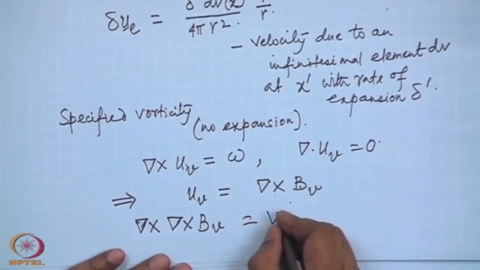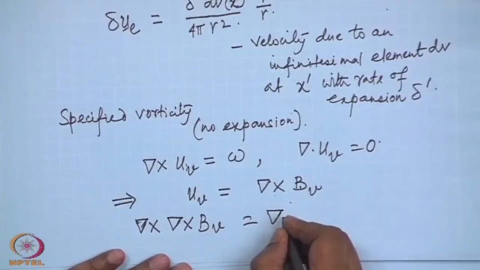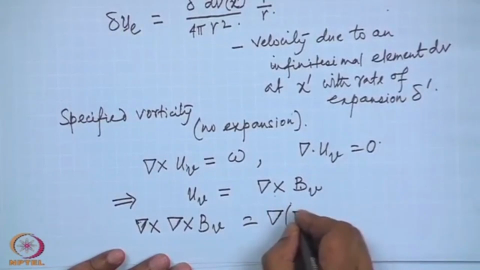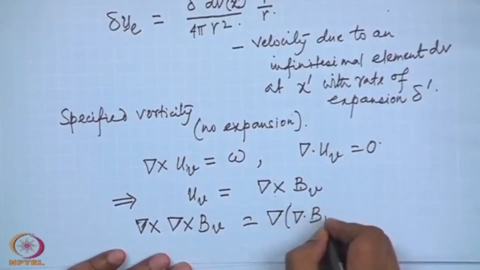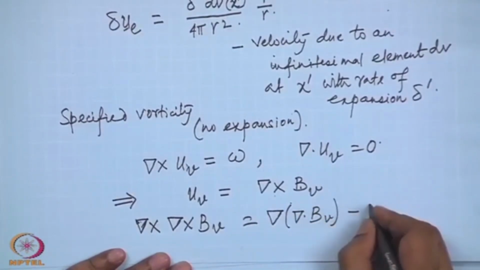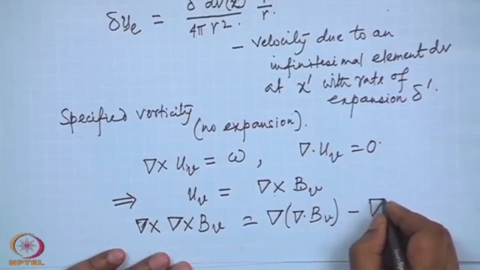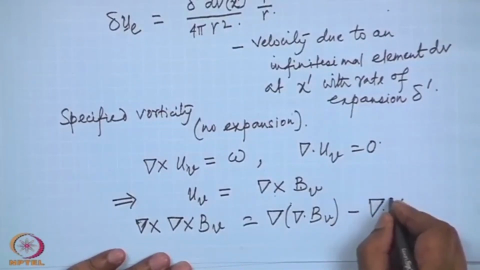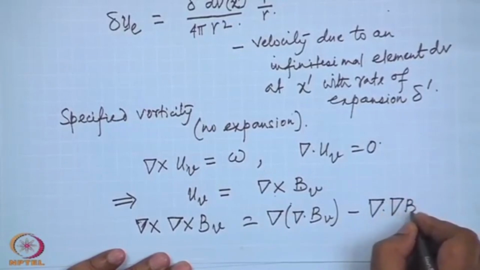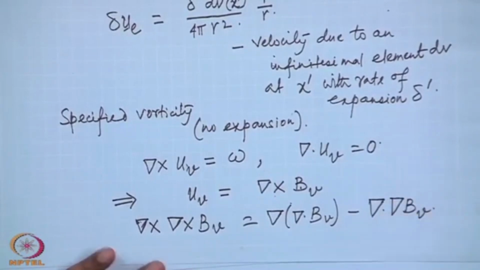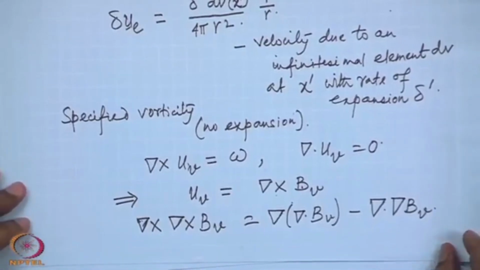So, it is gradient divergence of B minus divergence gradient of B. The divergence gradient we have already mentioned is simply the Laplacian.